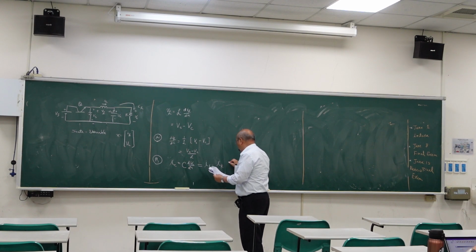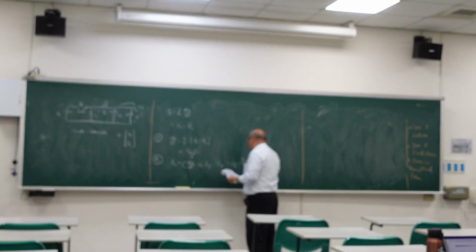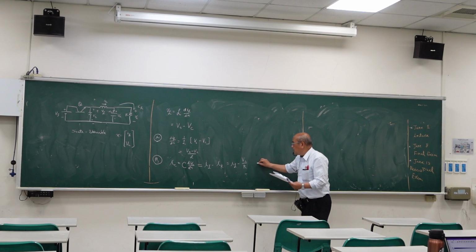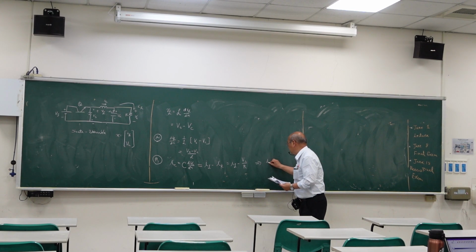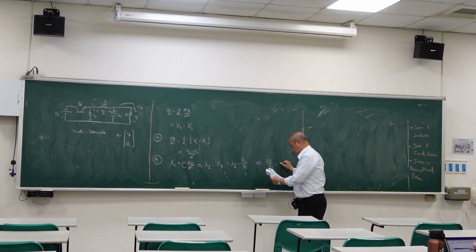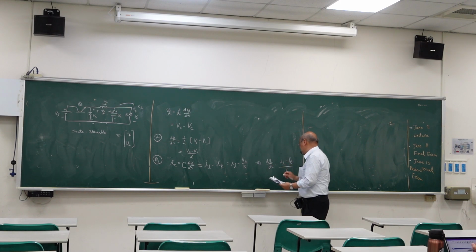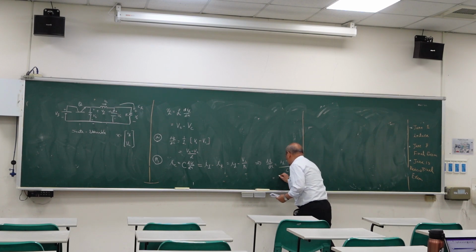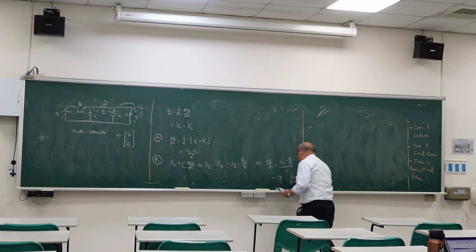So what is IL? IL is IL. What is IR? Vc divided by R. So from here, we can obtain dVc/dt equal to (IL minus Vc/R) divided by C. Then we can say it is IL/C minus Vc/RC.